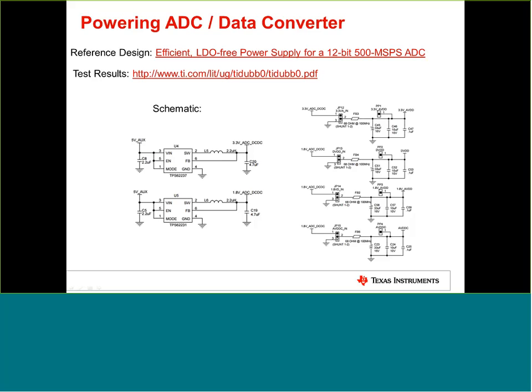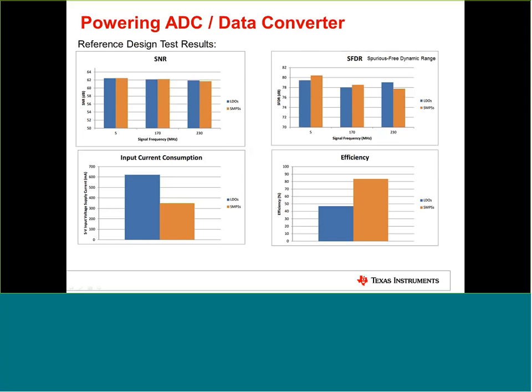And we can see now on the next slide a nice comparison between powering the ADC with LDOs compared to the SMPS. The blue lines you can see here are the performance of the LDOs. The orange is the performance of the switch mode power supply, the 62230.